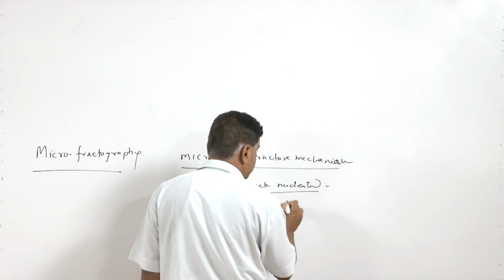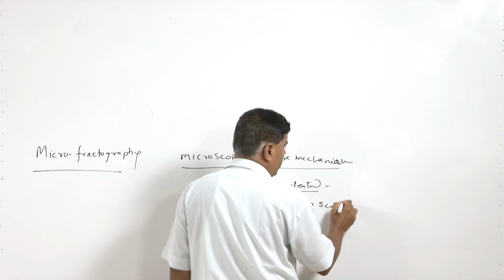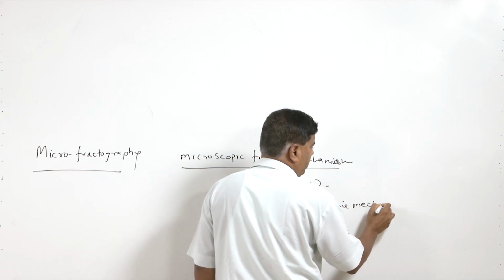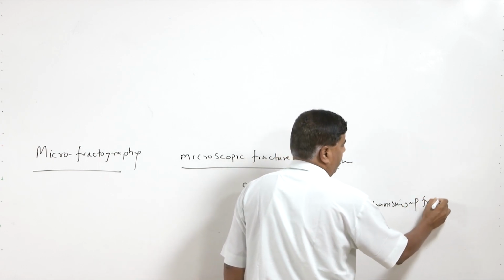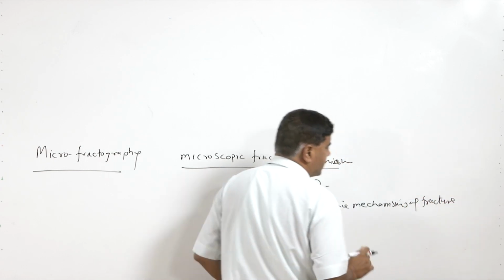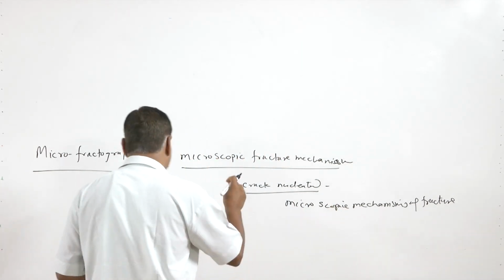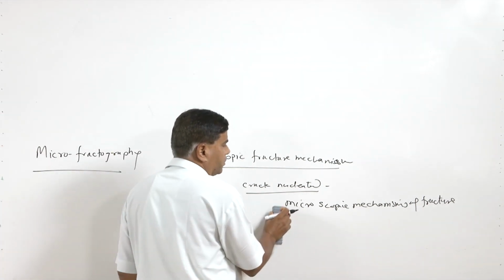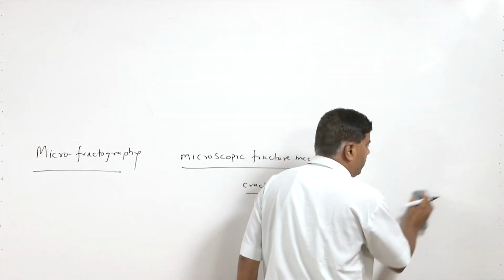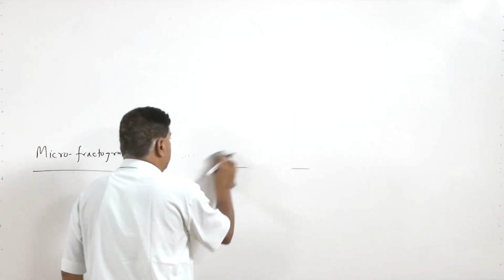These are also called microscopic mechanisms of fracture, because the way by which the crack grows during the fracture is what we try to understand through the microscopy of the fracture surfaces.